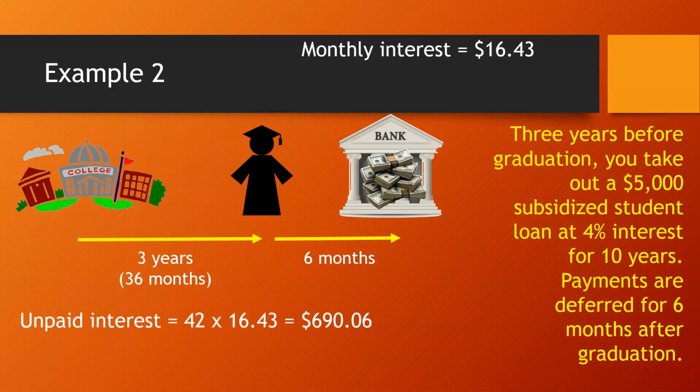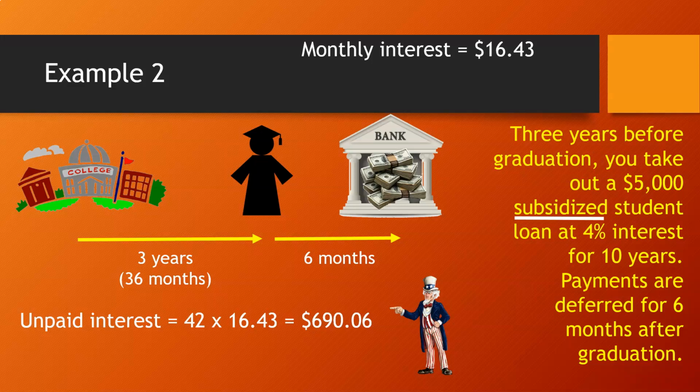The unpaid interest is still the same $690.06, but this is a subsidized loan, which means you don't pay it back. In fact, probably the government's paying it back. This is likely a government-backed loan, which is subsidized.